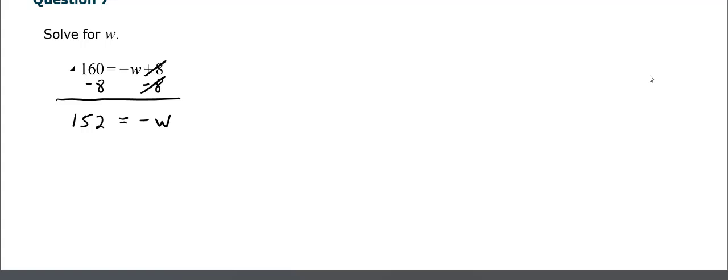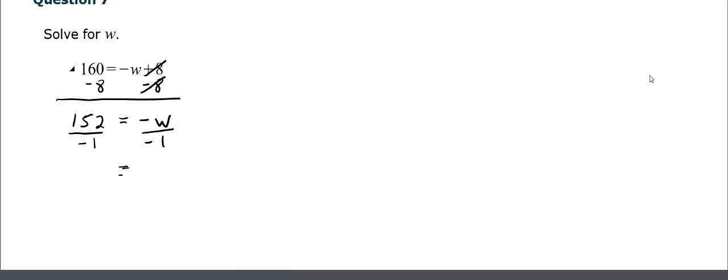And remember, we're always solving for positive 1w, or whatever our variable is. So in order to change this from a negative w to a positive, I can either multiply or divide by negative 1.